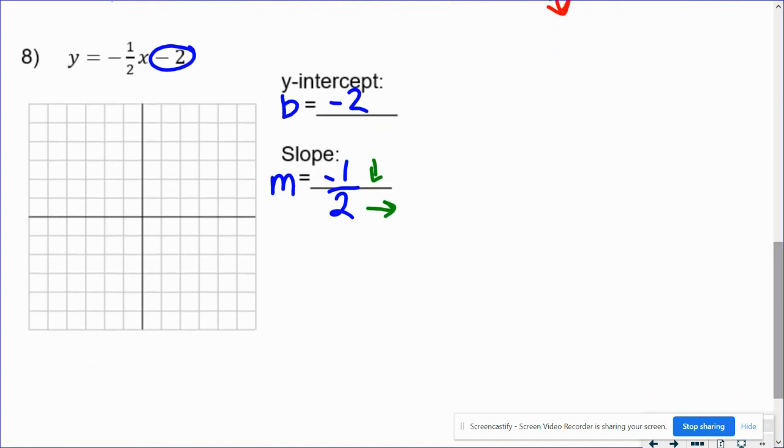All right. Let's see. We start here. Now from that point, go down 1 and right 2. Give me a thumbs up if you had the correct line.